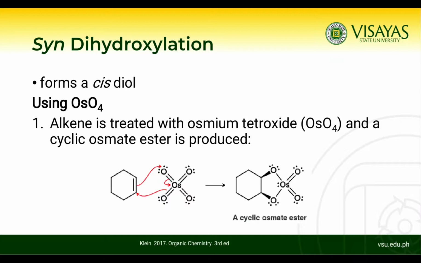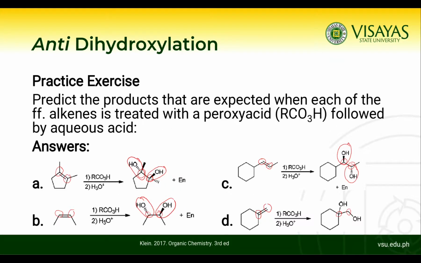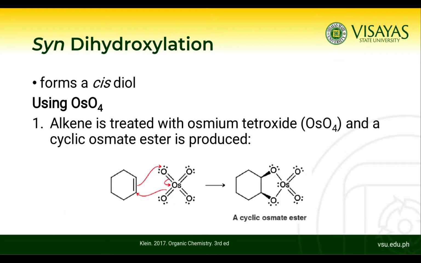Okay, for syn dihydroxylation, we say syn, that means to say we form a cis diol. So the two hydroxyl groups bond on the same face of the double bond. For anti-dihydroxylation, we use the peroxy acid and the aqueous acid. For syn dihydroxylation, we use osmium tetroxide.